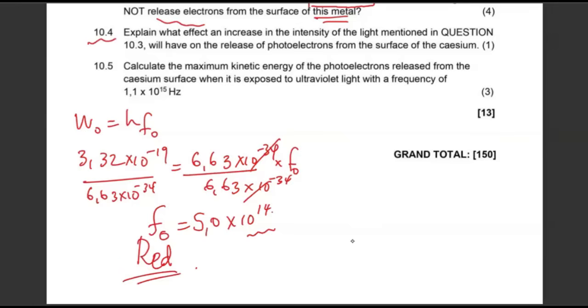10.4, explain what effect an increase in the intensity mentioned in 10.3 will have on the release of photoelectrons from the surface. Now, intensity in most cases has no effect, okay? Because what matters is the minimum frequency, the threshold. If you can meet the threshold, then we are good to go.